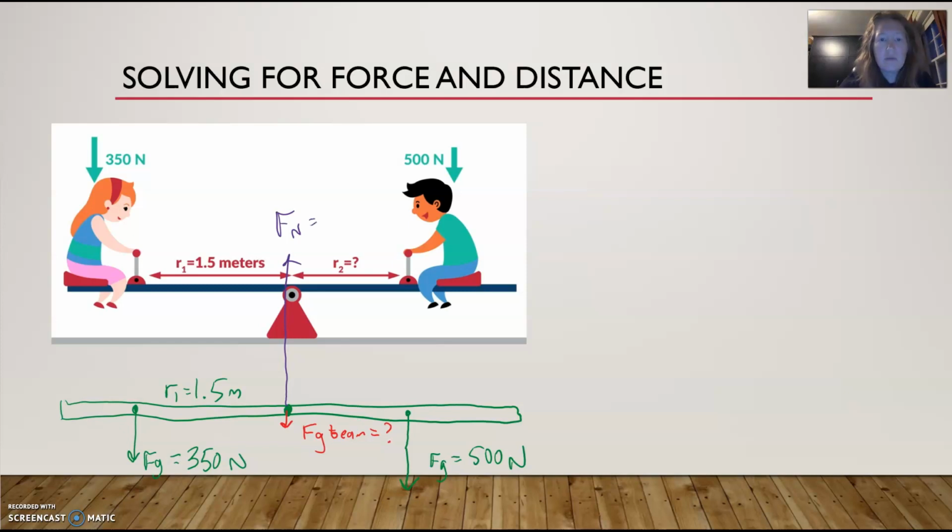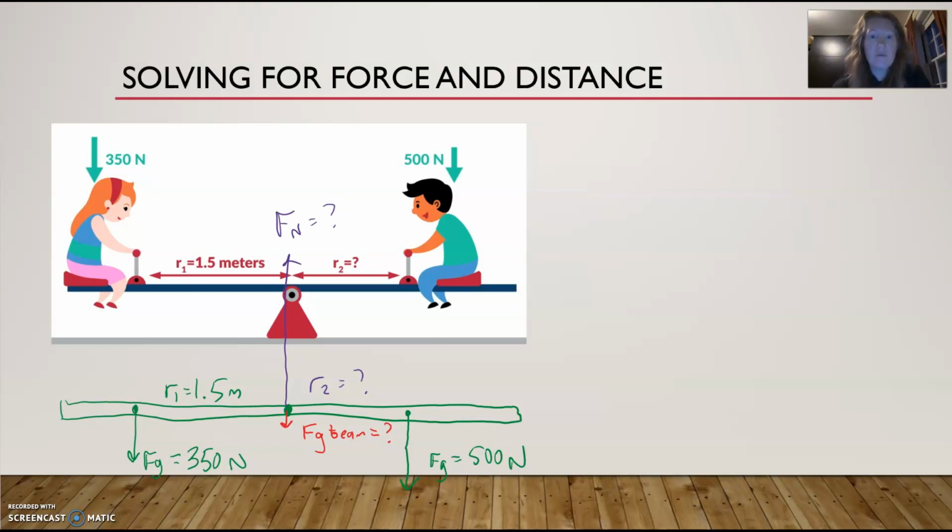And then the other thing that I can do, I prefer to put R2 in here. We can also solve for the distance. So if I know that there's no rotation going on here, no speeding up or slowing down, looks like zero rotation, then I know that the sum of the torques is 0.